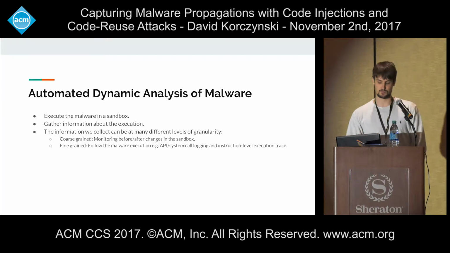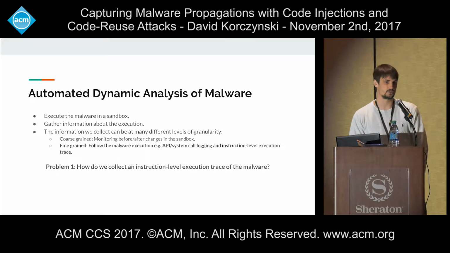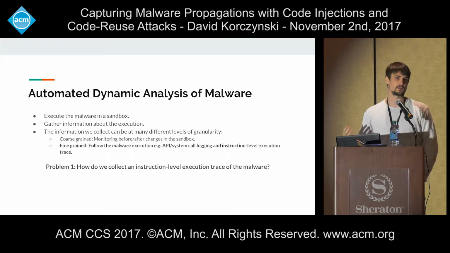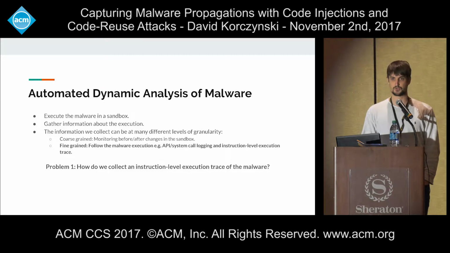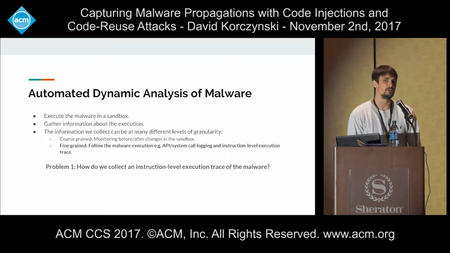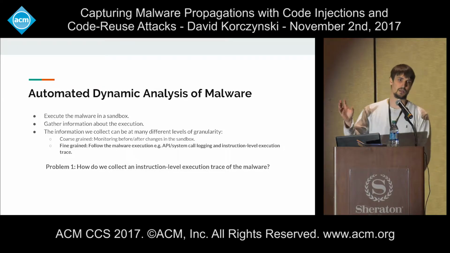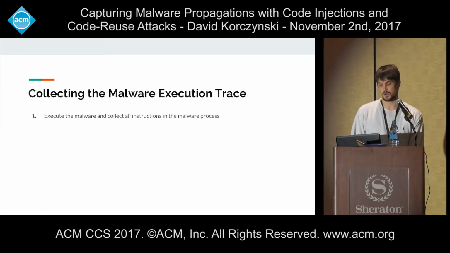The base point was then the first problem we asked: how do you capture the most fine-grained trace of the malware within your entire sandbox, within the entire operating system? That is the first problem we look into. How do you collect an instruction level execution trace of the malware? A first try may be to just execute the malware in a sandbox and collect all of the instructions executed within the process that represents the malware.